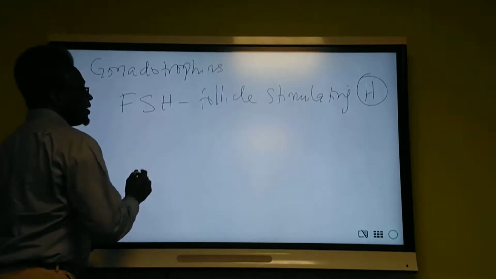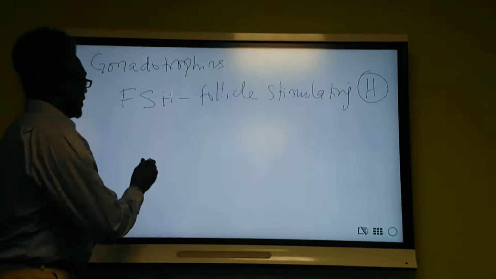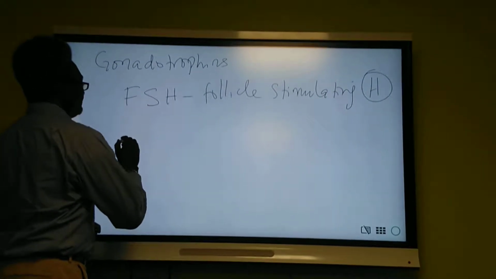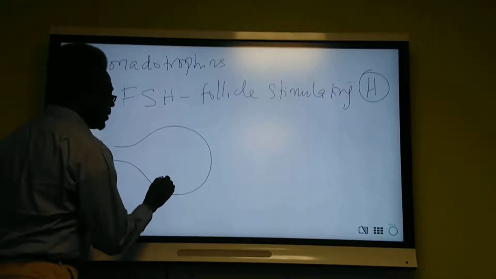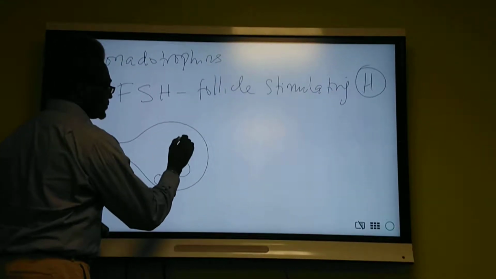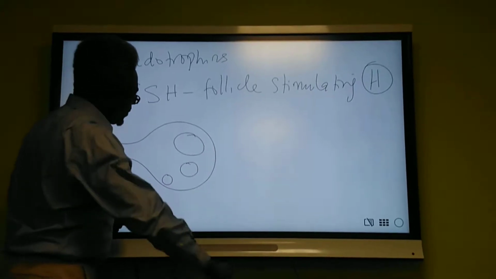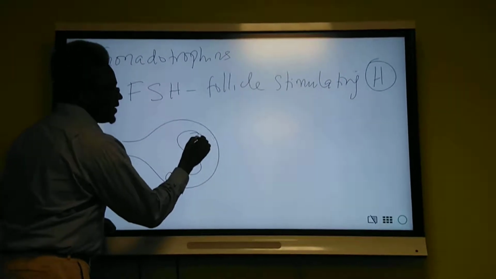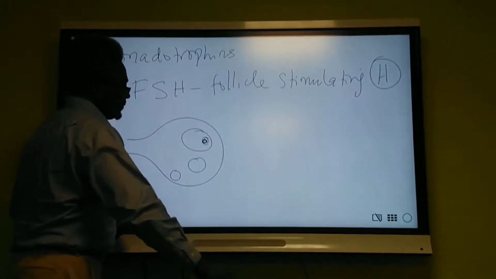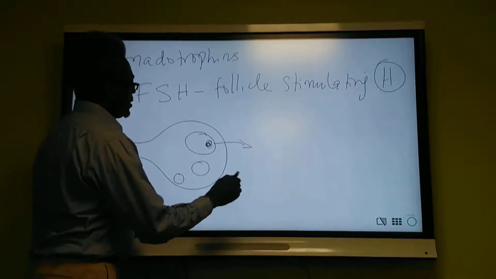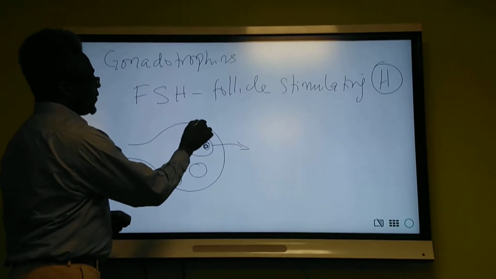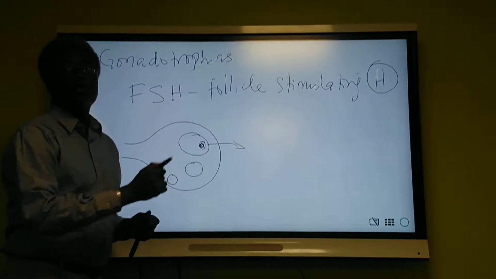Now, the ovary is a very interesting structure in that it has little pockets within it that develop. Inside of these pockets is where you have the eggs. When the egg is released, different components of these pockets produce hormones.